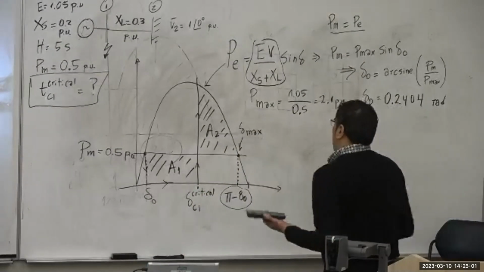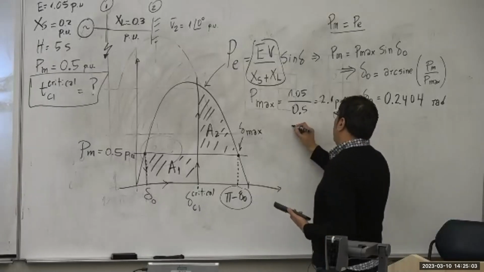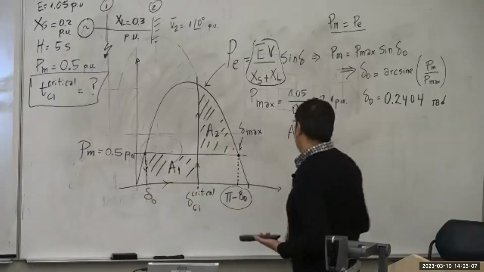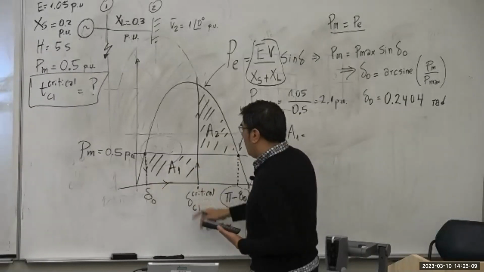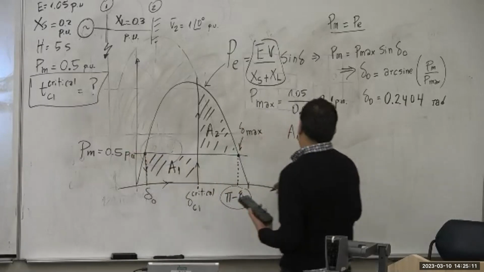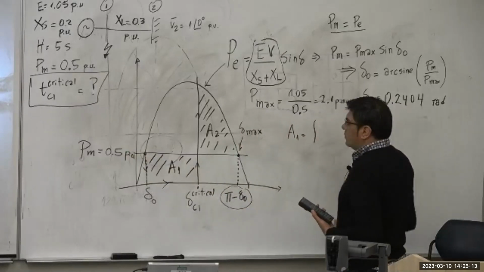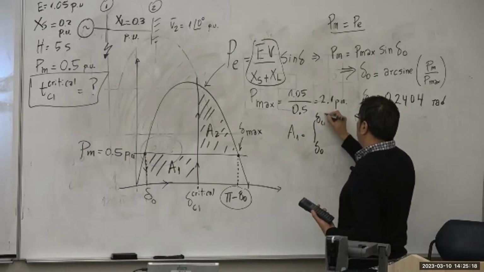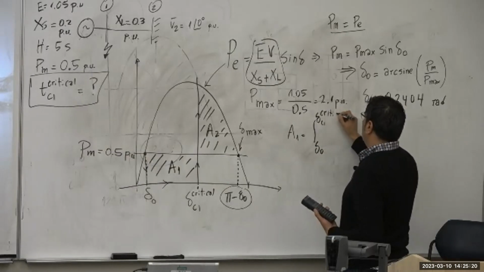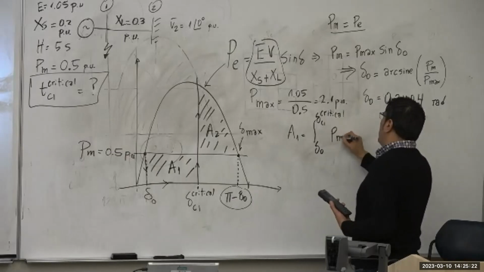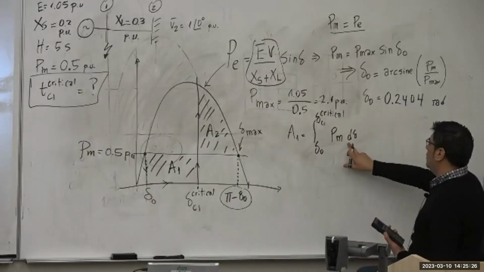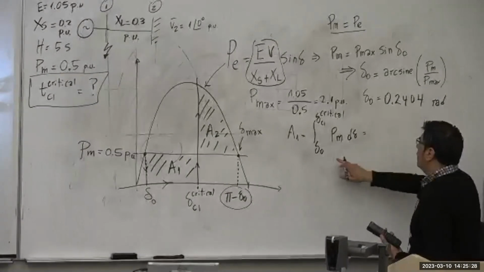Okay? So we calculate this area, A1. This is easy because the electrical power is 0, the mechanical power is constant. So the integral of this will be just PM dδ, the differential of the angle.